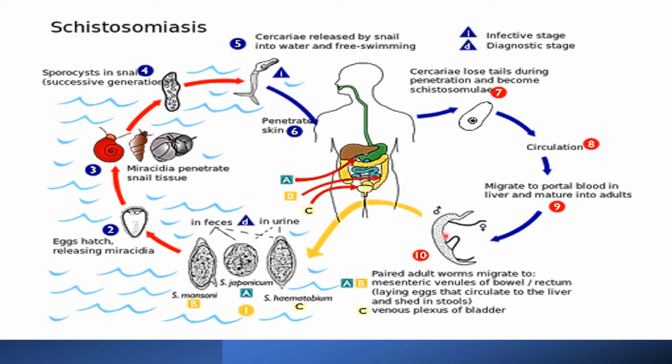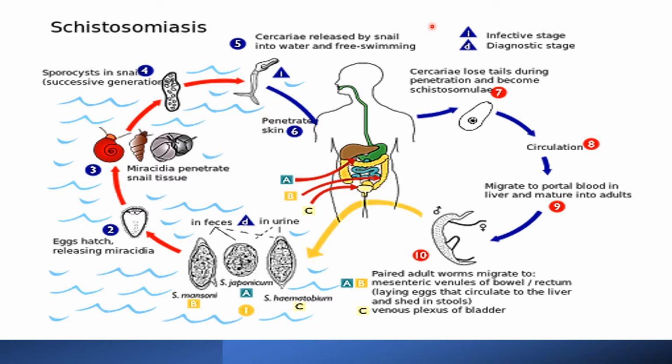The eggs then work their way through the tissues up to the lumen of the intestine to be released from the body in the feces. This egg migration through the tissues is facilitated by the release of enzymes by the miracidium through the eggshell. That's why it causes lacerations and inflammation in the tissue.